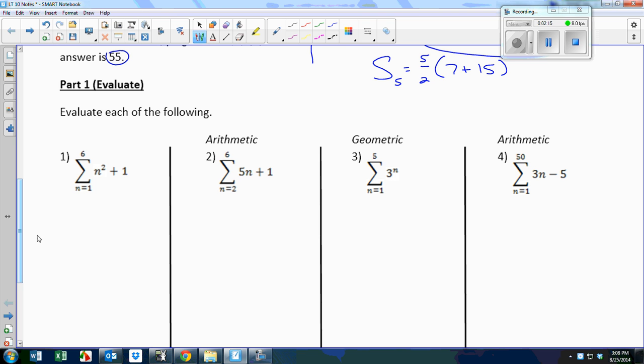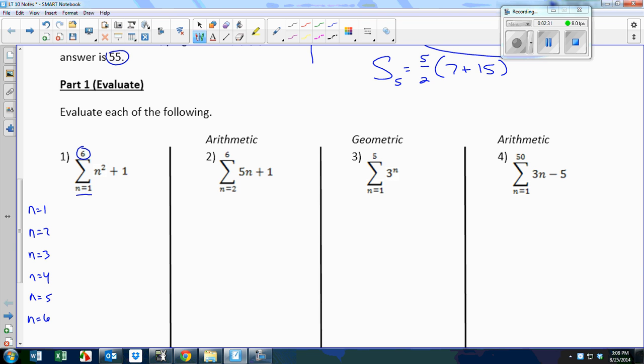Number 1, it's literally saying to find the sum of the first through the 6th term. So n equals 1, 2, 3, 4, 5, 6.